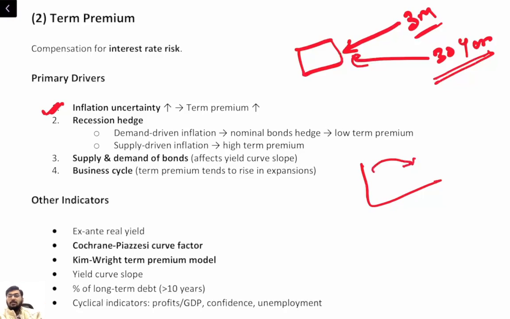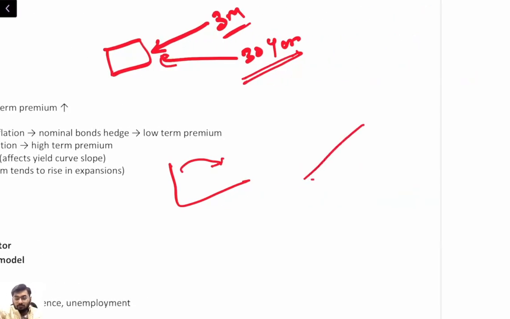Now, sometimes some analysts say that we can just check the yield curve. Trust me, it cannot give the true term premium alone. You will not get the holistic picture from the yield curve itself. We can look at the spot yield curve, basically the graph of the interest rate across different maturities, but the real term premium cannot be found exactly from the yield curve. Why? Because the yield curve combines two aspects.